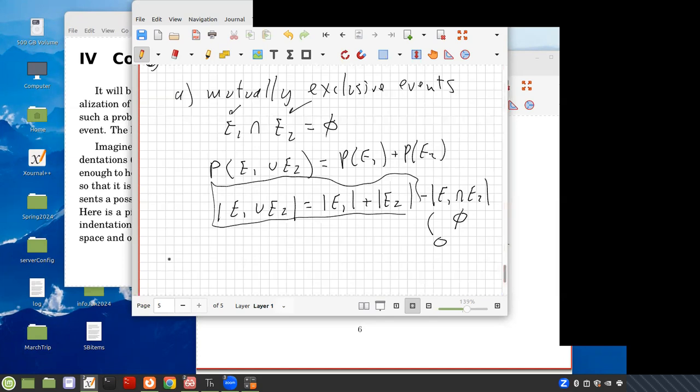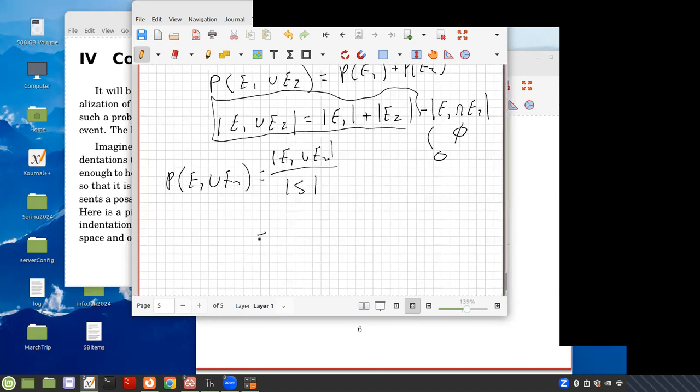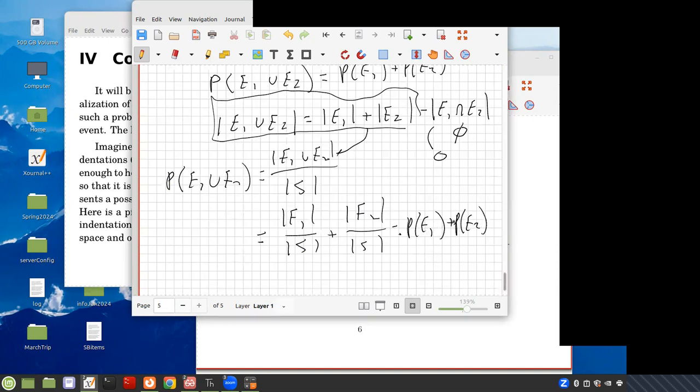So the probability of E1 union E2 equals the number in E1 union E2 over the sample space size, which equals E1 over S plus E2 over S, and that's going to equal the probability of E1 plus the probability of the other mutually exclusive event.